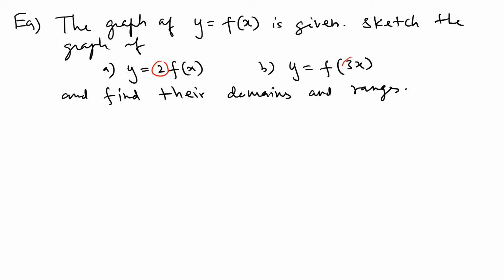Even though 3 is large, it's going to shrink because it's more than 1. It's going to shrink 3 times. And find their domain and range. Okay, so let's do one by one. Let's say this is the graph of f(x). So we have this graph.